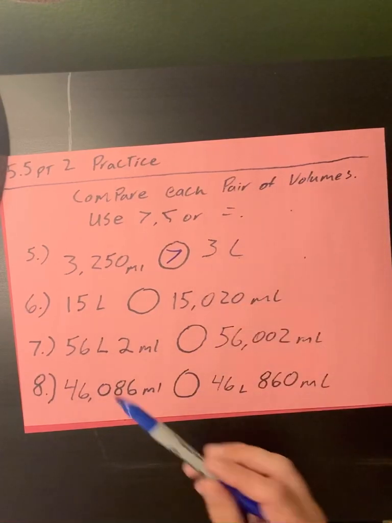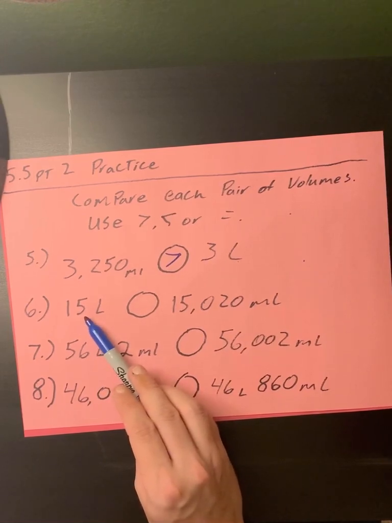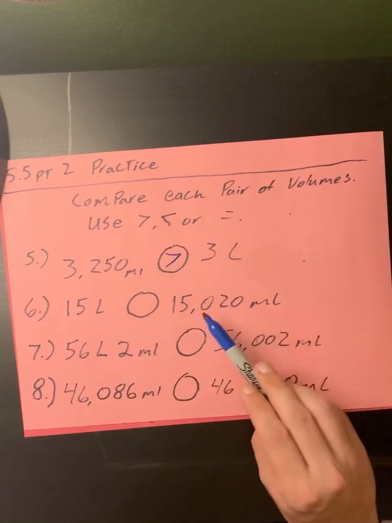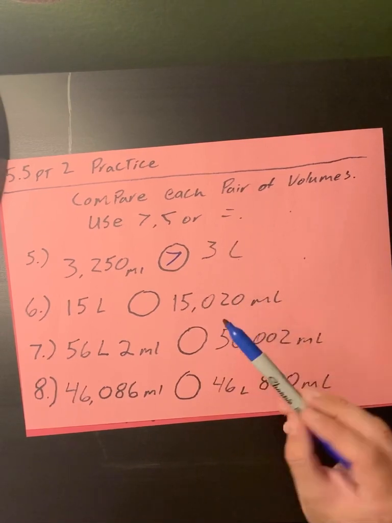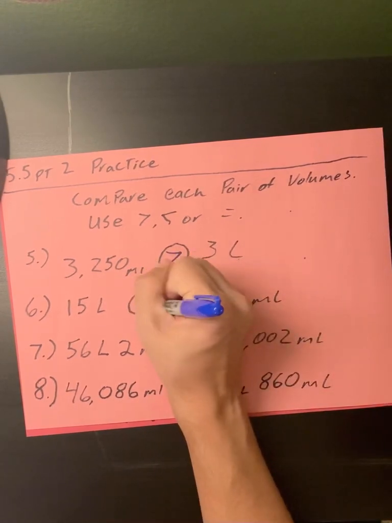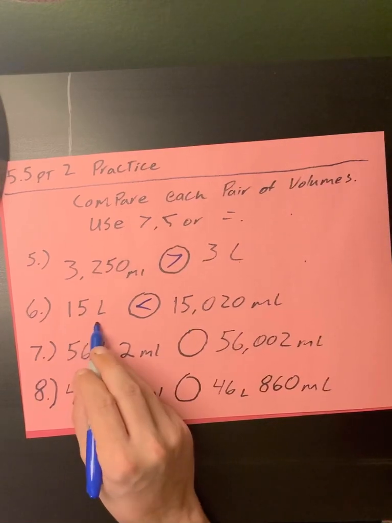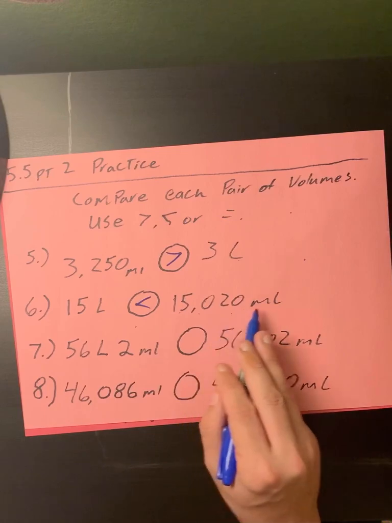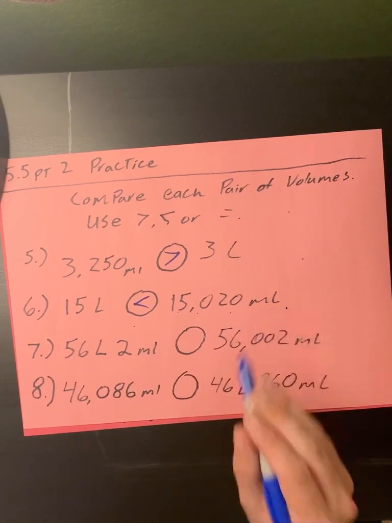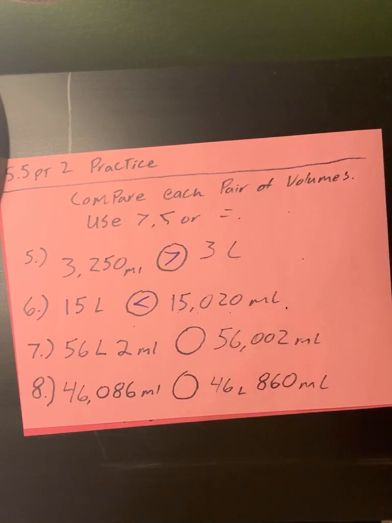Problem number 6, 15 liters or 15,000 milliliters compared to 15,020 milliliters. 20 is greater. So I'd read the sentence as 15 liters is less than 15,020 milliliters.